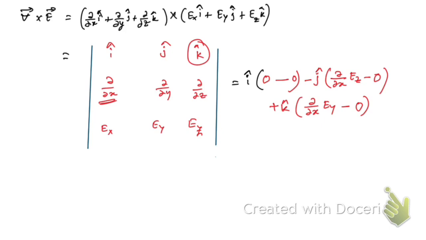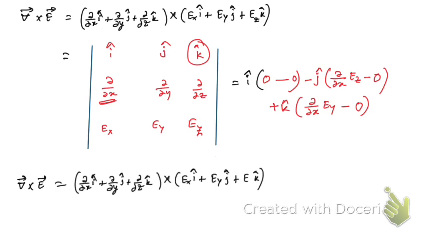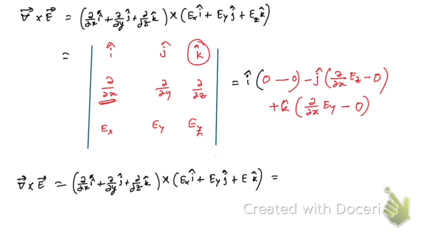So from this result, del cross E is nothing but minus del Ez by del x j cap, plus del Ey by del x k cap. That's what we're going to have.